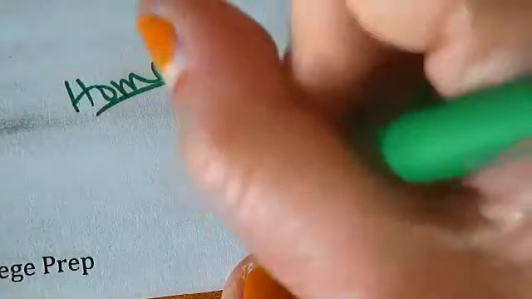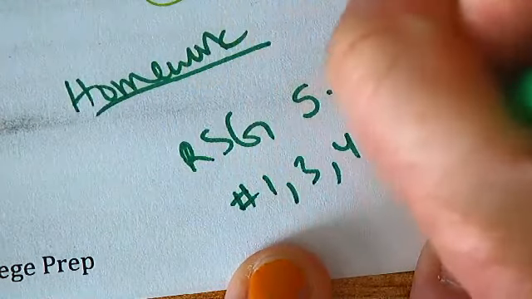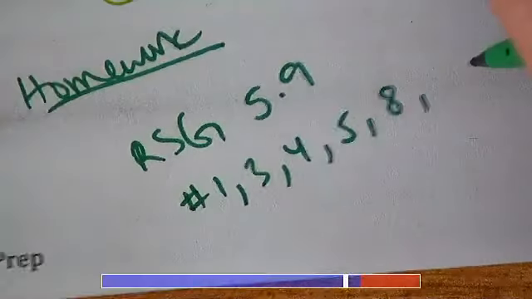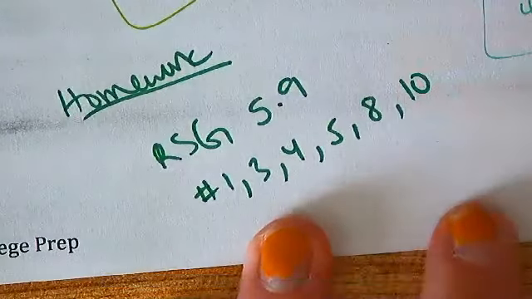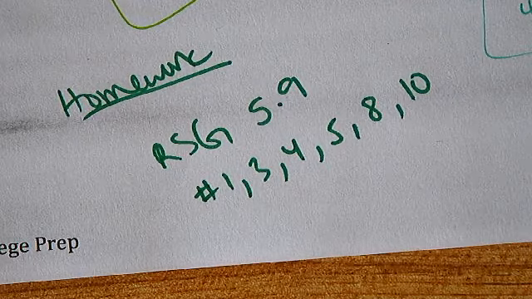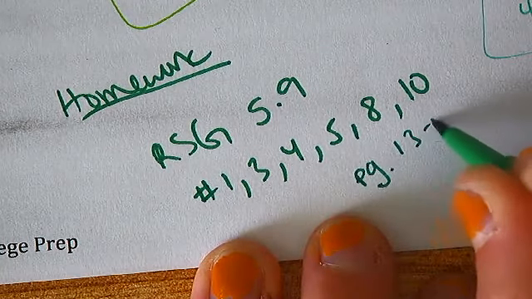And you are only going to do numbers 1, 3, 4, 5, 8, and 10. Okay, so 6 practice problems on here. And in the RSG packet, this is on pages 13 and 14.